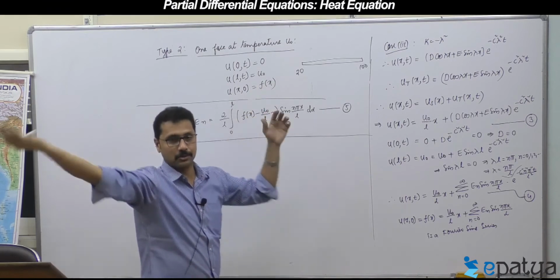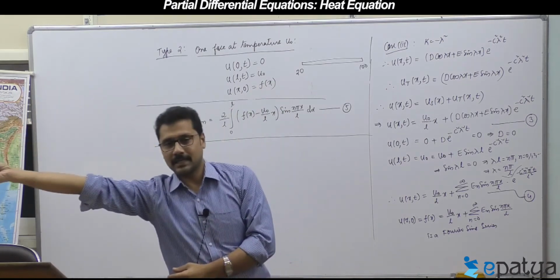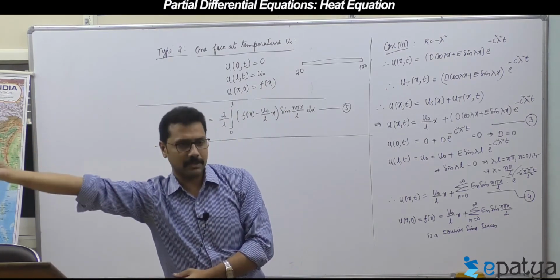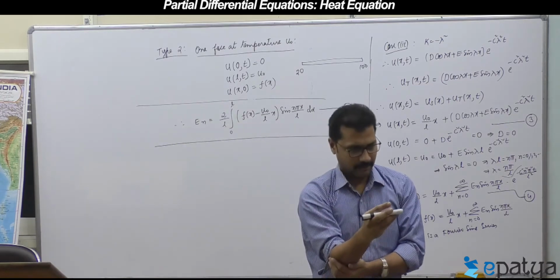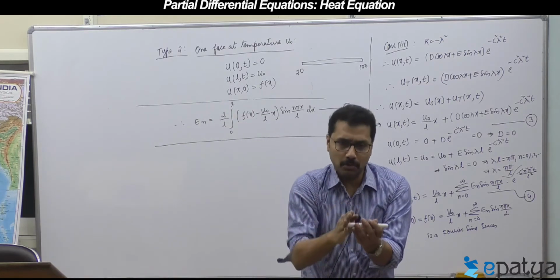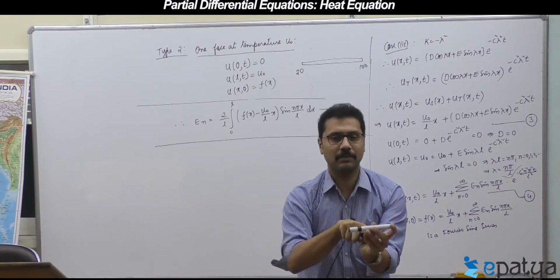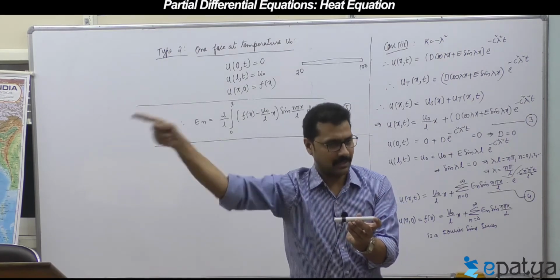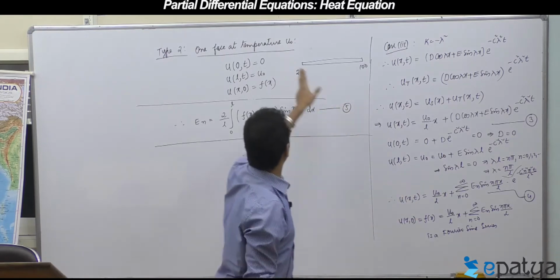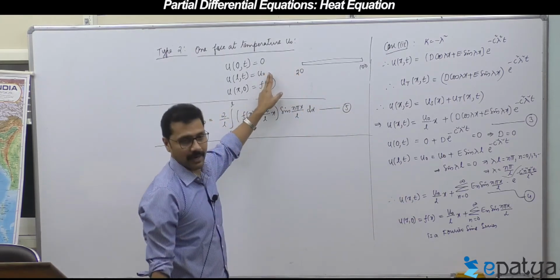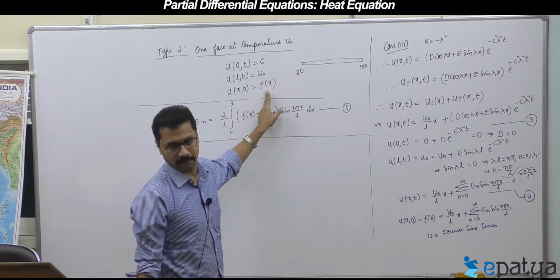Are you getting? So when that already existing steady state temperature distribution is brought inside, with new boundary conditions, and the initial condition being whatever is already there, that means this is given, and this also we found out.